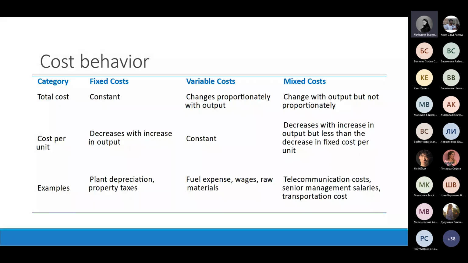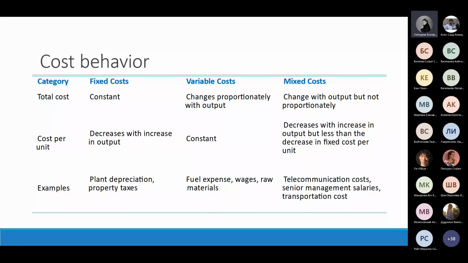Fixed cost decreases with an increase in output because the proportion of the fixed cost to each item would be less if we produce more with the same level of fixed cost. Variable cost is constant per unit because we cannot use less meat for a hamburger, for example, or less wood for the table. Mixed cost decreases with an increase in output, but less than the decrease in fixed cost per unit.